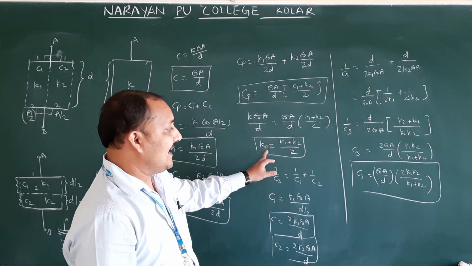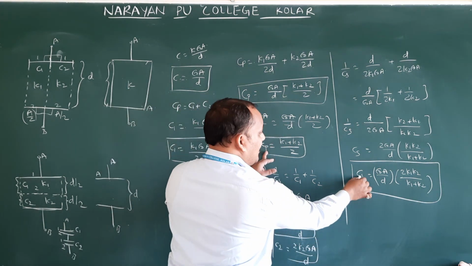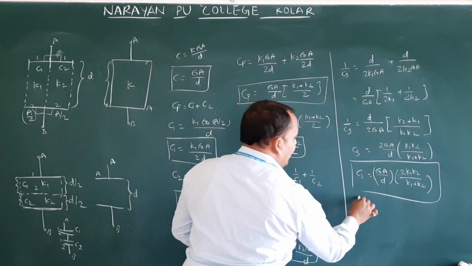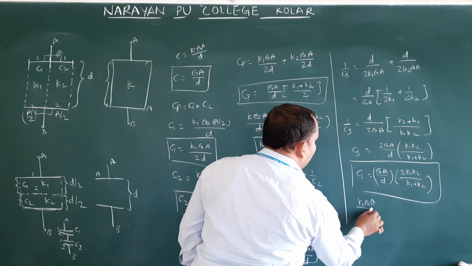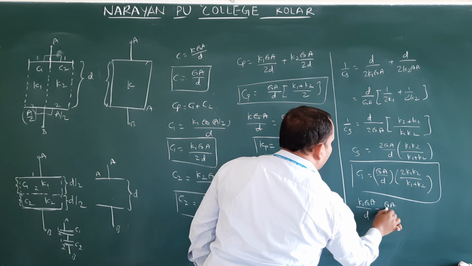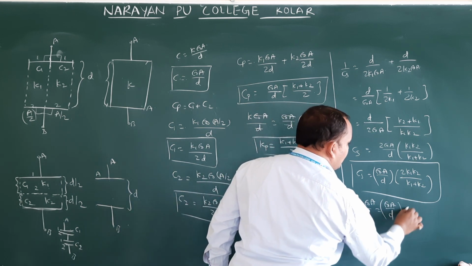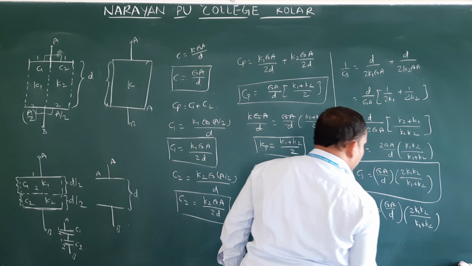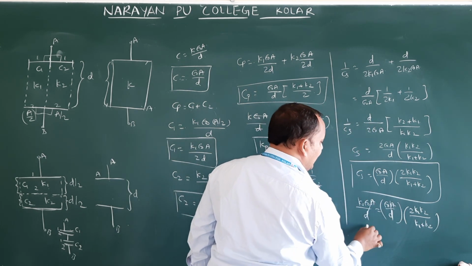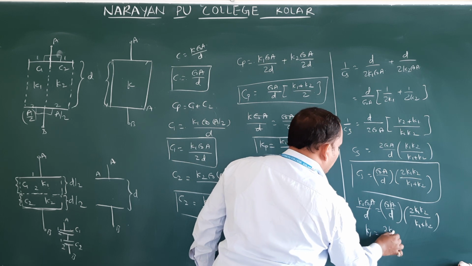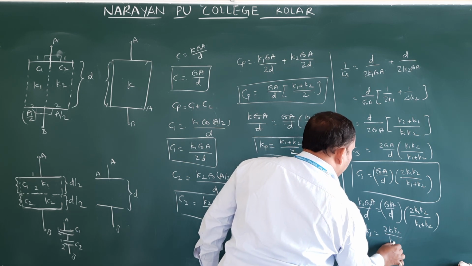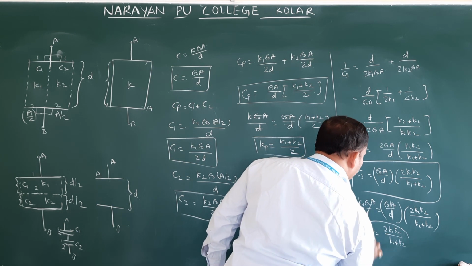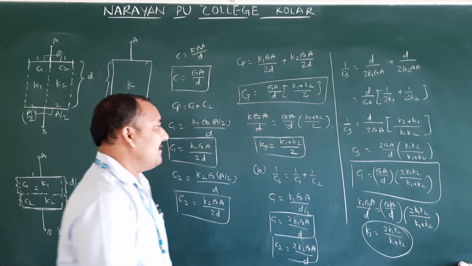If they ask for the resultant dielectric constant in place of CS, what will you write? Ks epsilon naught A by D is equal to epsilon naught A by D into 2K1 K2 by K1 plus K2. Epsilon naught A by D will be cancelled, then Ks is equal to 2K1 K2 by K1 plus K2.